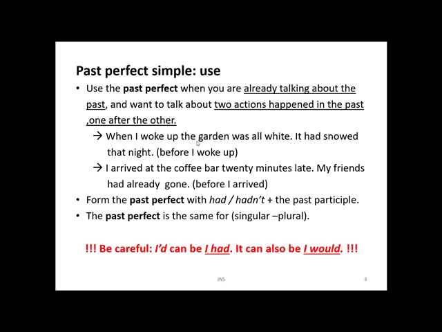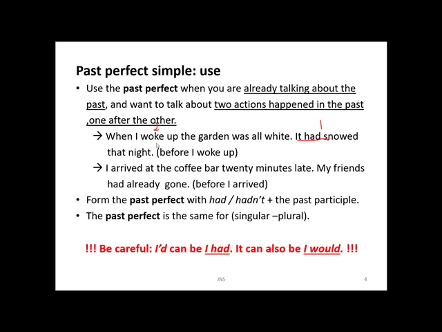When I woke up, the garden was all white. It had snowed that night. As you can see, it had snowed. This is what we call the first action. I woke up. This is the second action. As you can see, the first action is written in past perfect form, had, followed by the past participle.